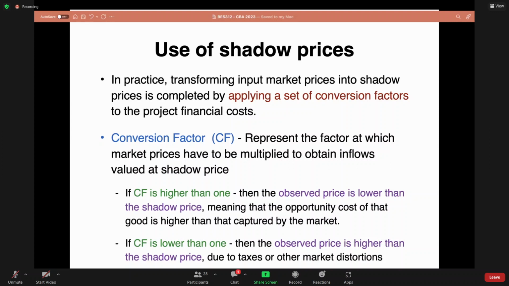For instance, in Sri Lanka, sometimes vehicles are more expensive than in Japan, isn't it? Again due to taxes and other market distortions.